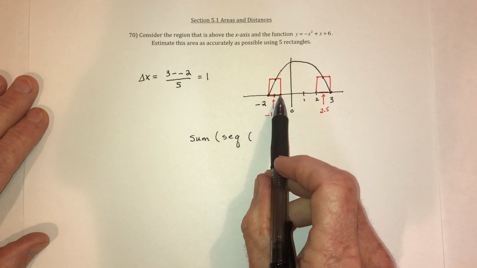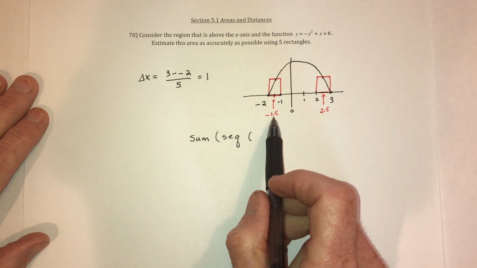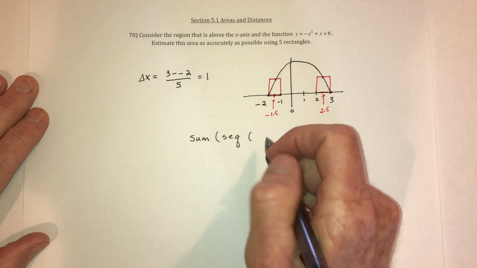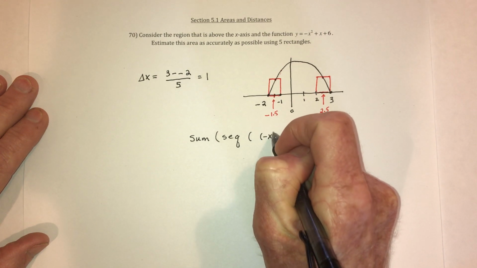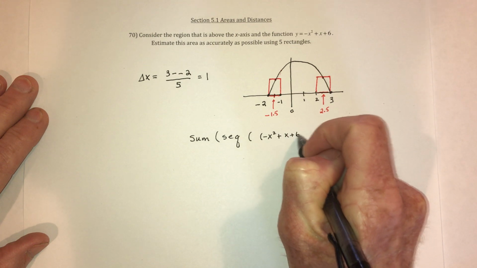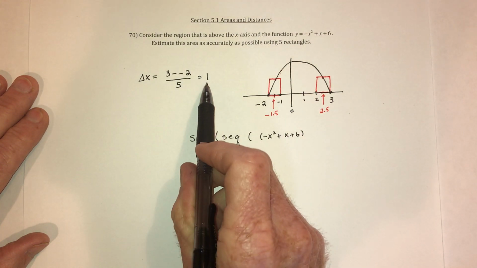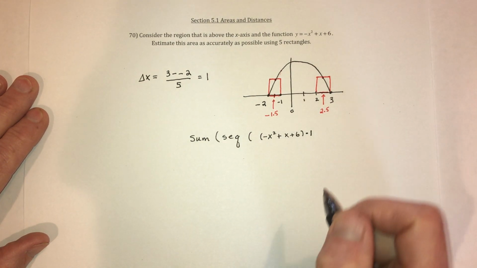Well, the area is the base times the height. Well, the height comes from taking these numbers and plugging them into the function. So that's going to be the function will give you the height of each rectangle. And then each one has a base of delta x. So multiply by 1.